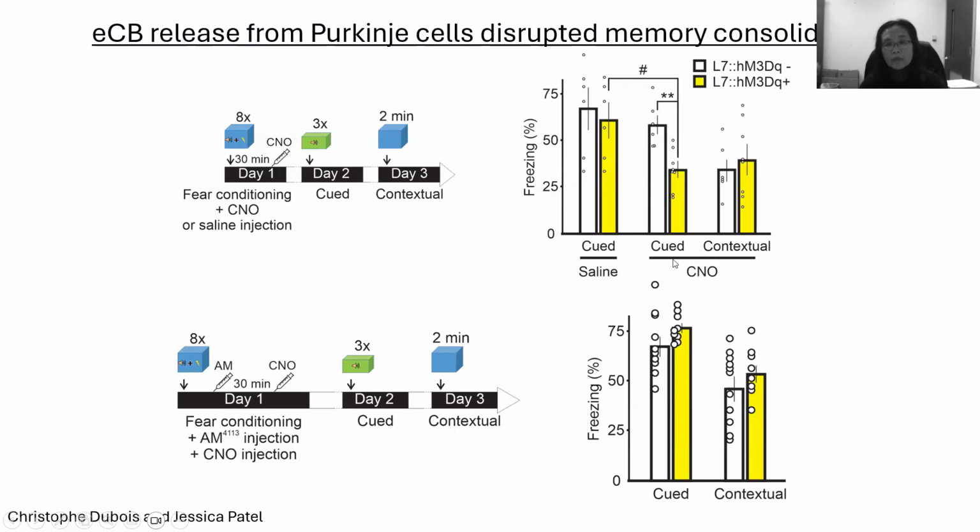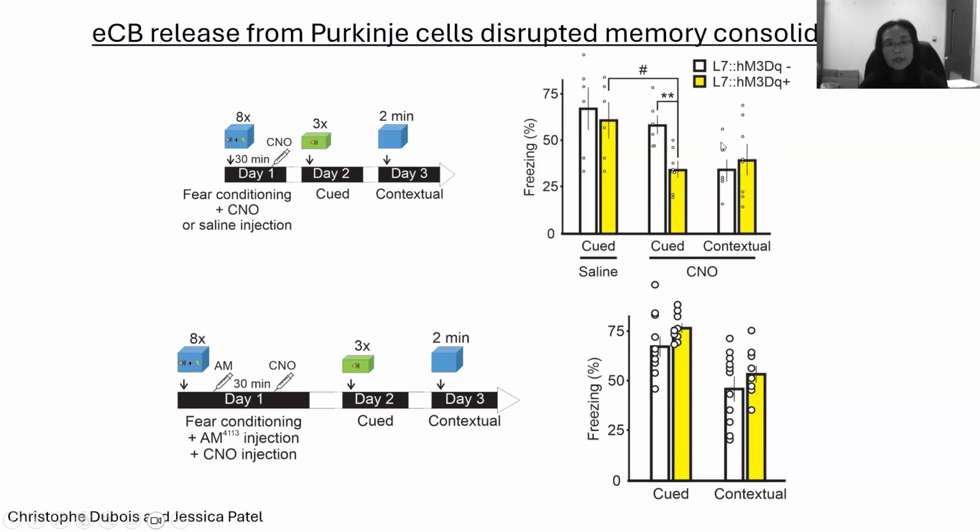However, the animal receiving CNO shows a different pattern. The GQ positive animal actually shows a much reduced freezing to tone compared with the GQ negative animal. So activation of GQ can impair the memory formation.